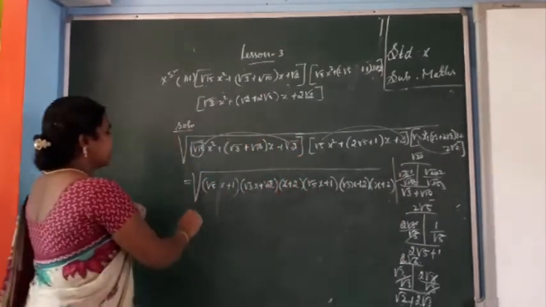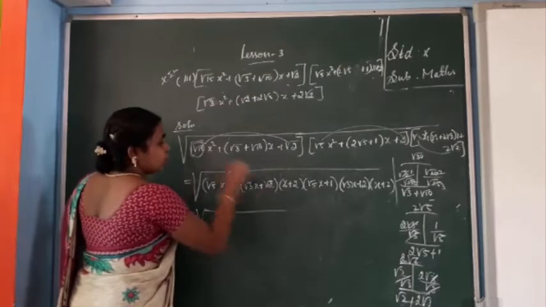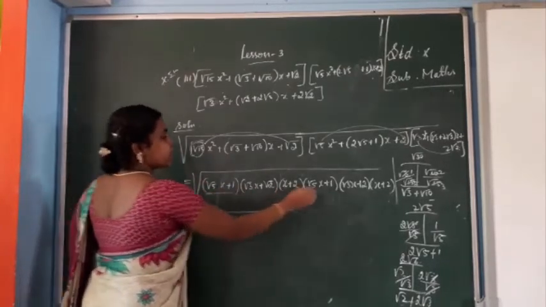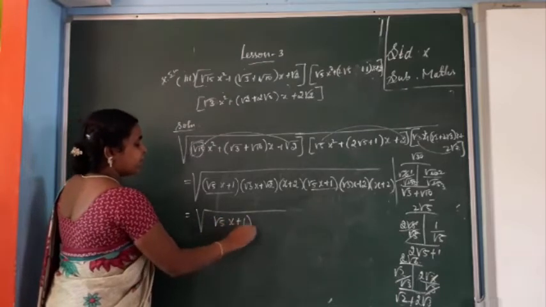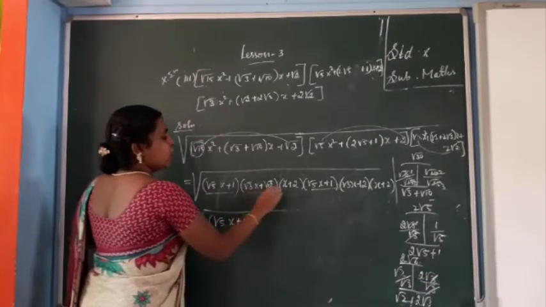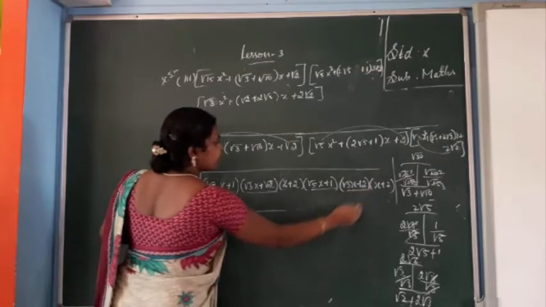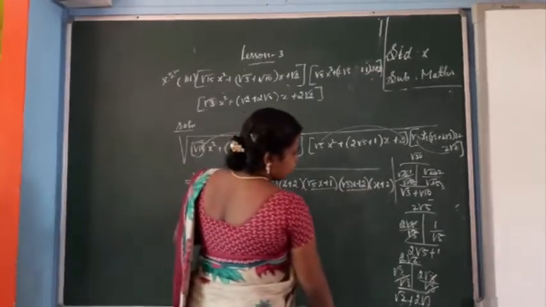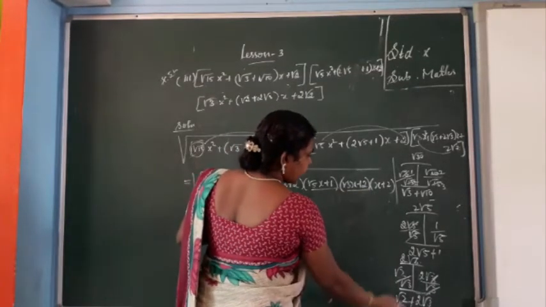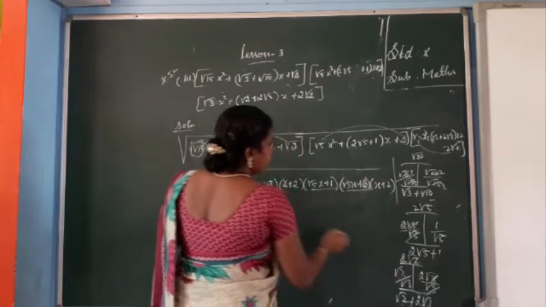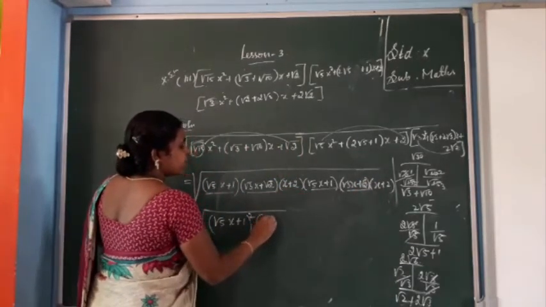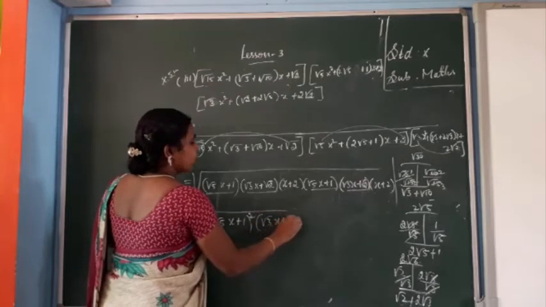Next, the square root of root 5x plus 1 into root 5x plus 1. That is root 5x plus 1 the whole square. Then root 3x plus root 2, root 3x plus root 2, the whole square.